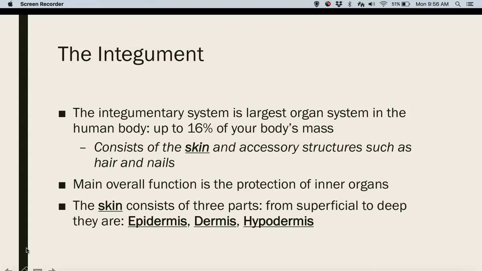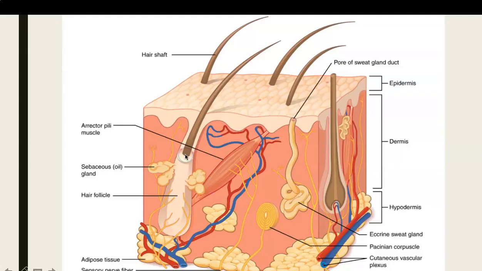So if we take a quick look at the epidermis of the skin, you see these layers that we just talked about. Out here in this light color is the epidermis, and then below in this dark pink color, all throughout here, would be the dermis.